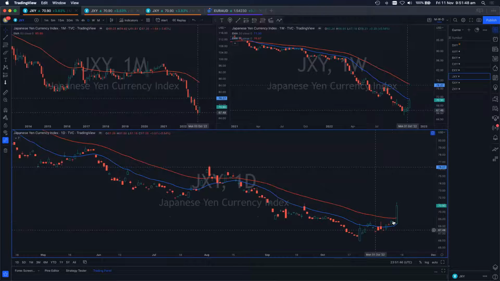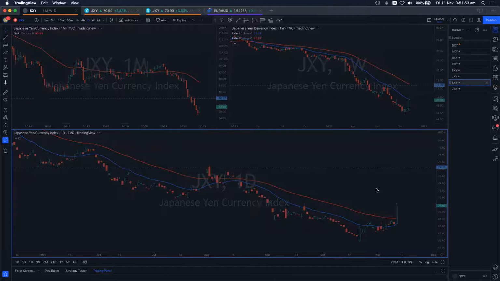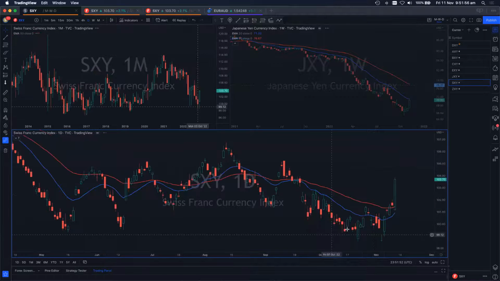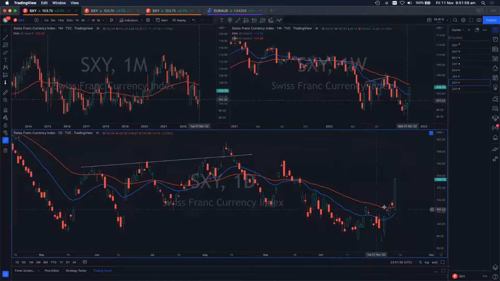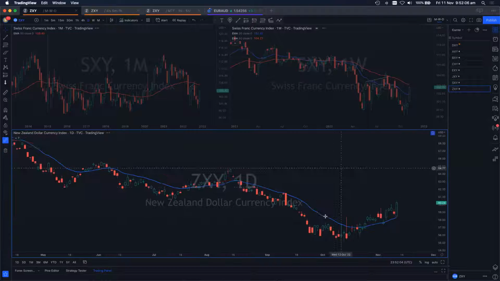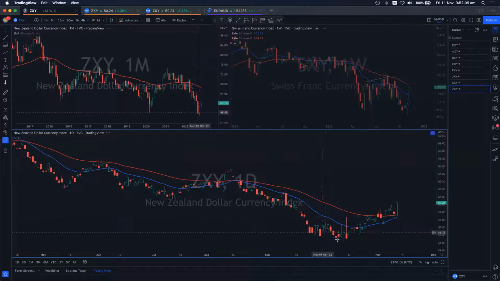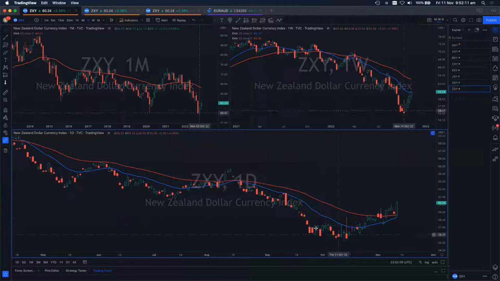So this big spike up is showing us the Japanese yen is strong, which we can see from today's charts. You can see that it's pretty strong. And this is another one that's very strong: the Swiss franc. Again, the daily 50 has been holding it, and then it's really strong yesterday. And the Kiwi dollar, pretty much inverse of the US dollar, a bit of strength.